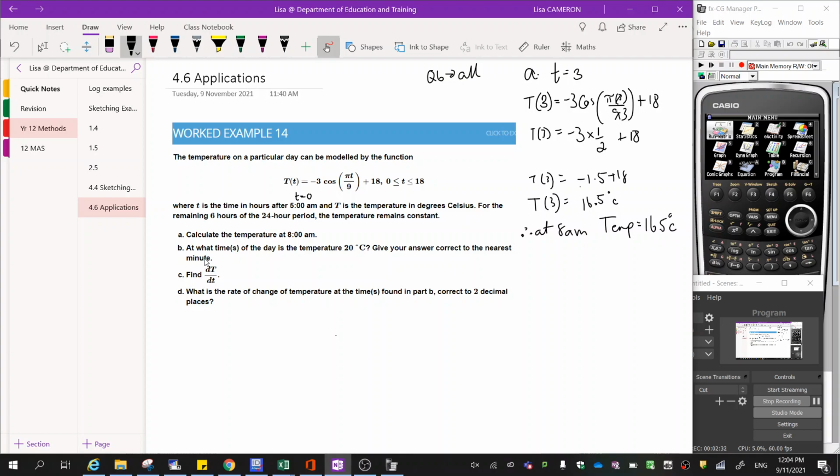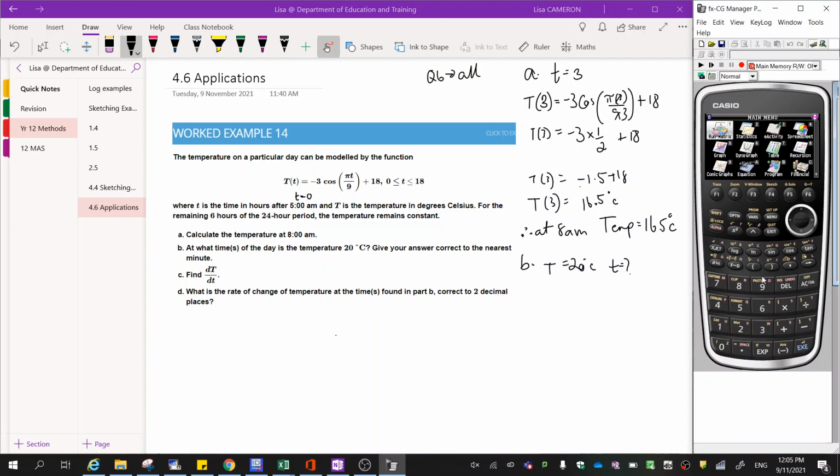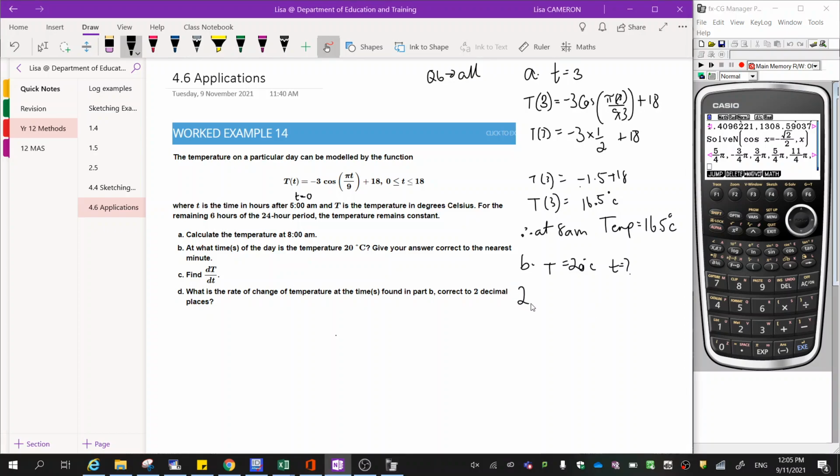At what times of the day is the temperature 20 degrees Celsius? Give your answer correct to the nearest minute. So for B, we now want to know, when is the temperature 20 degrees Celsius? What is that time? Okay, so we're going to go over to our calculators. Now, again, you'd be silly to not just chuck this in and use G-solve if you could, because all I'm really trying to solve is 20 is equal to negative 3 cos pi times T over 9 plus 18.